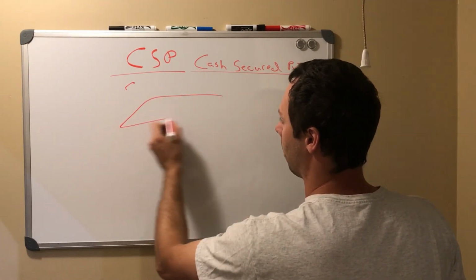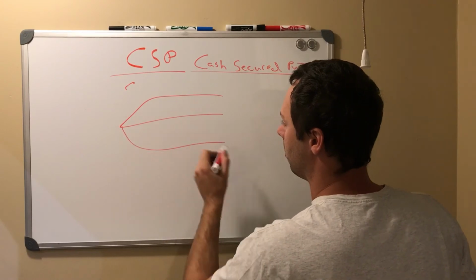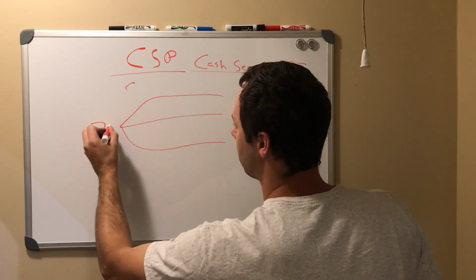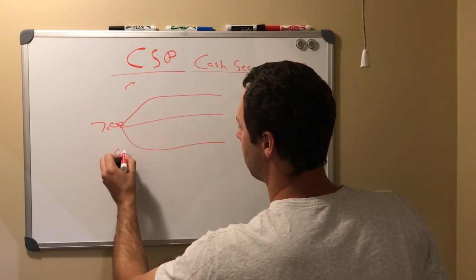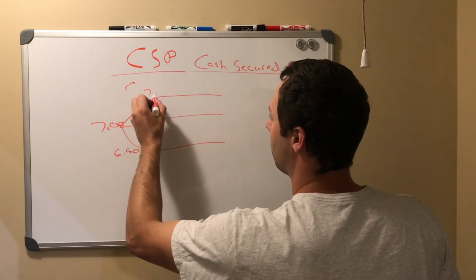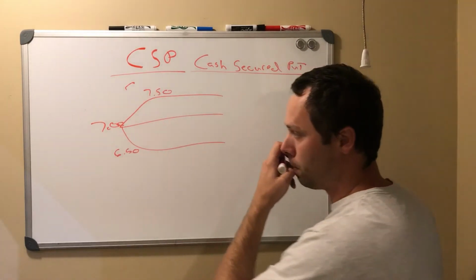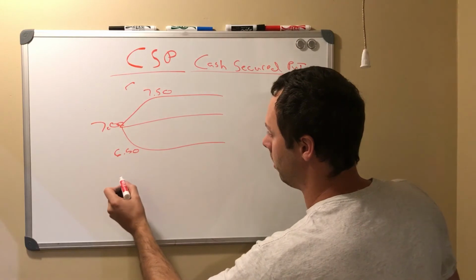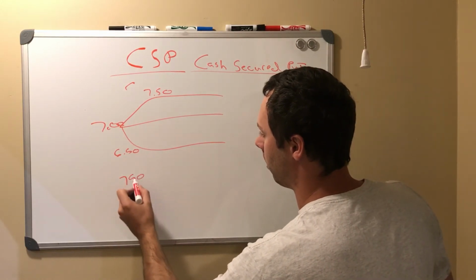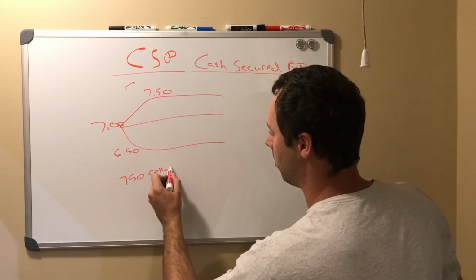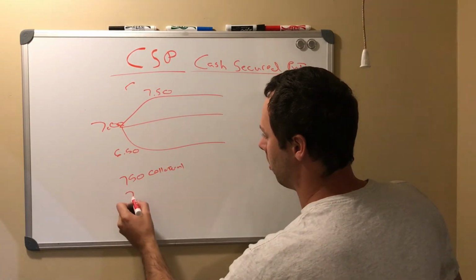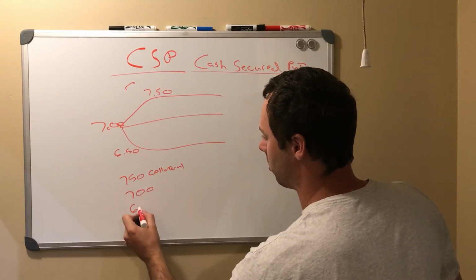Let's say the stock is at 7, and this is 6.50. When I have the cash, I either need to have $750 collateral, or 700, or 650.